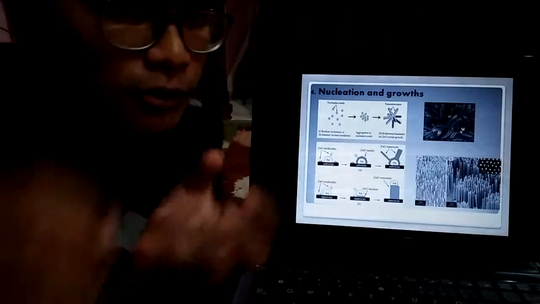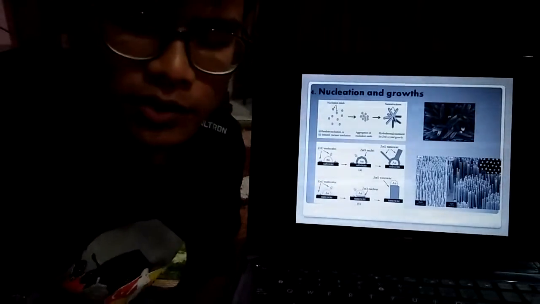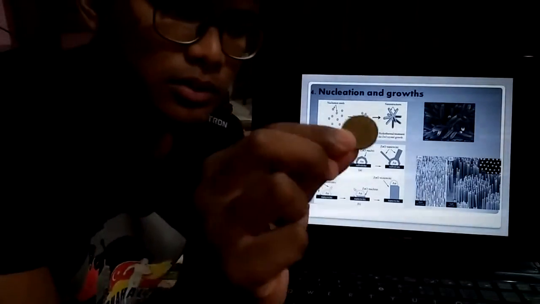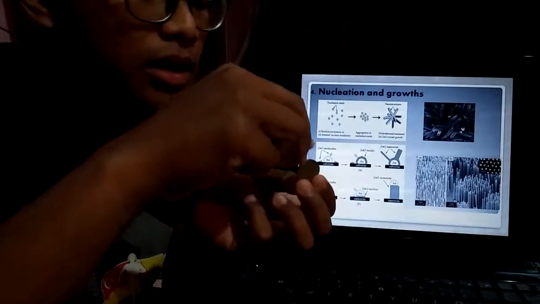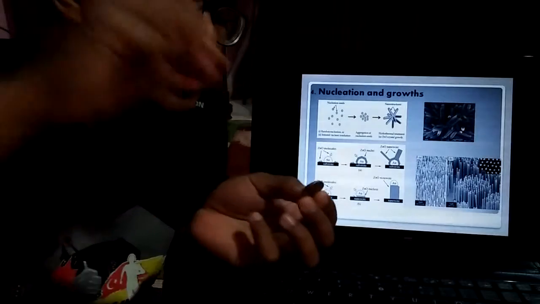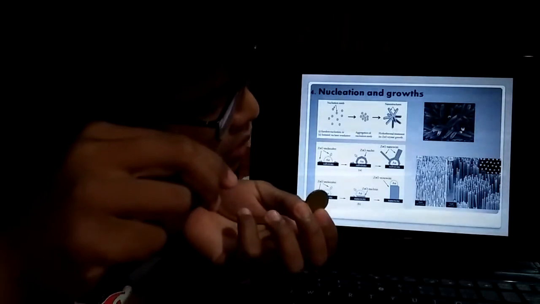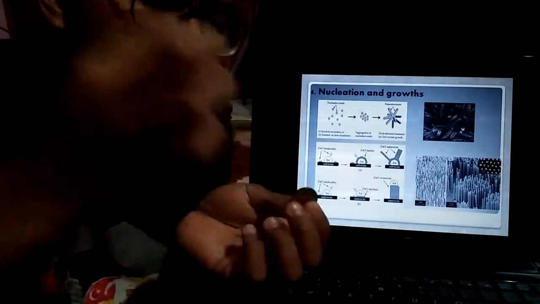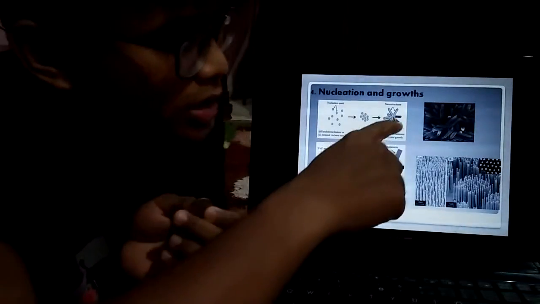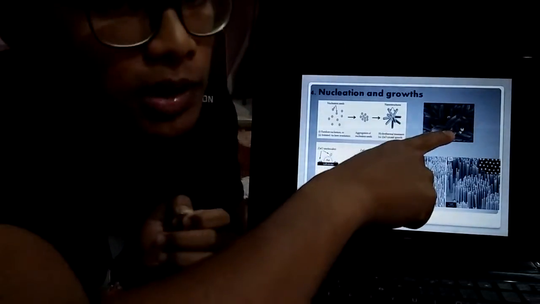A pillar comes from one source. So you imagine a coin, and then the particles grow from here and make a pole. So that is the first example. And lastly it will become like this.